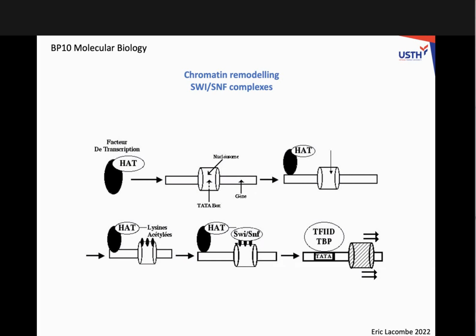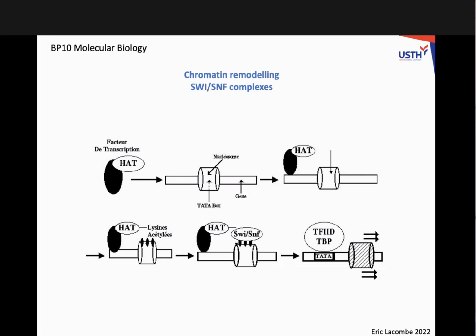So it's a big complex that unfolds the DNA, which is making the two rounds. It unfolds it, so the core of the nucleosome is a little bit more free, and then makes a shift. So it's step by step.